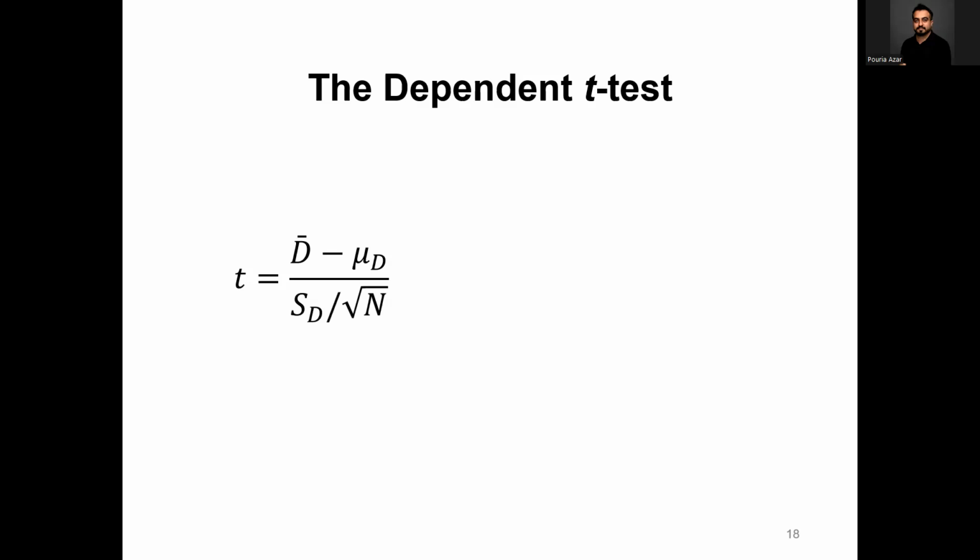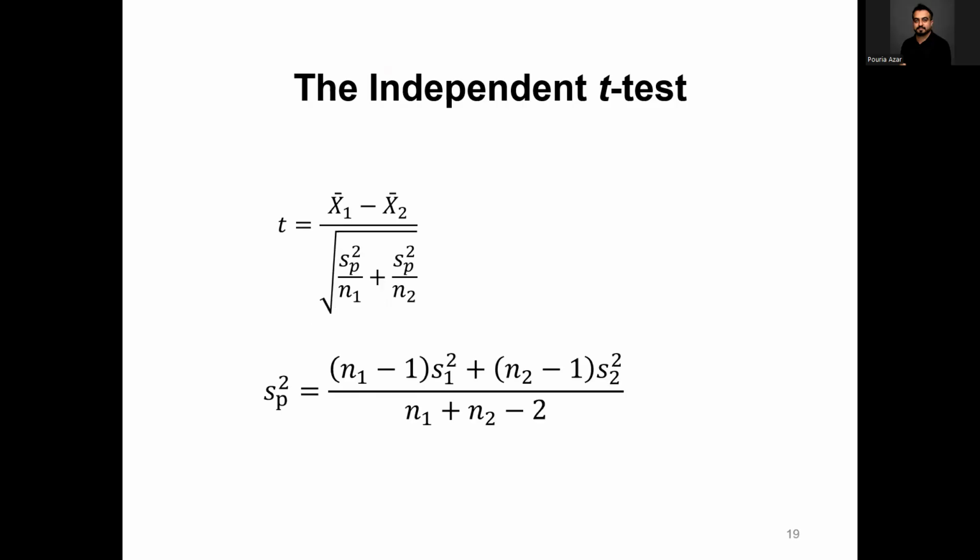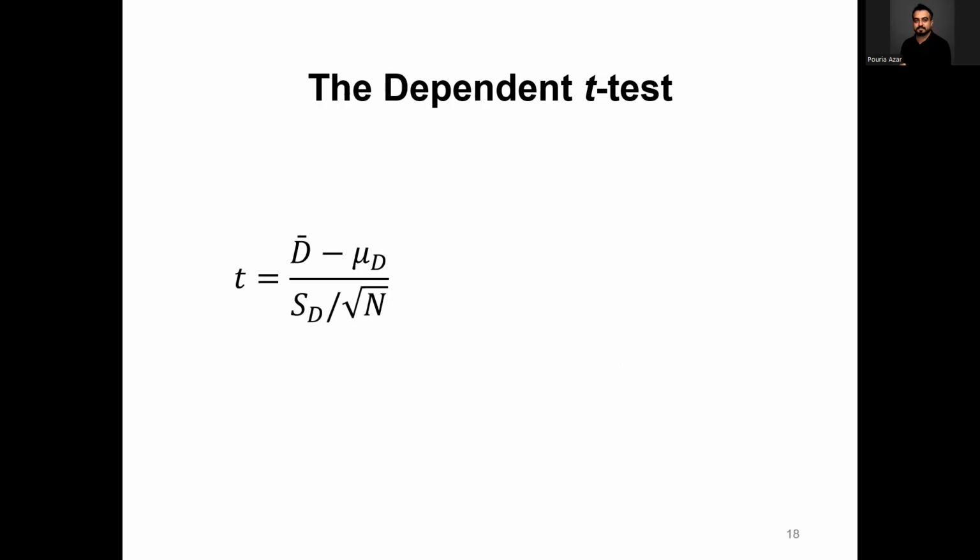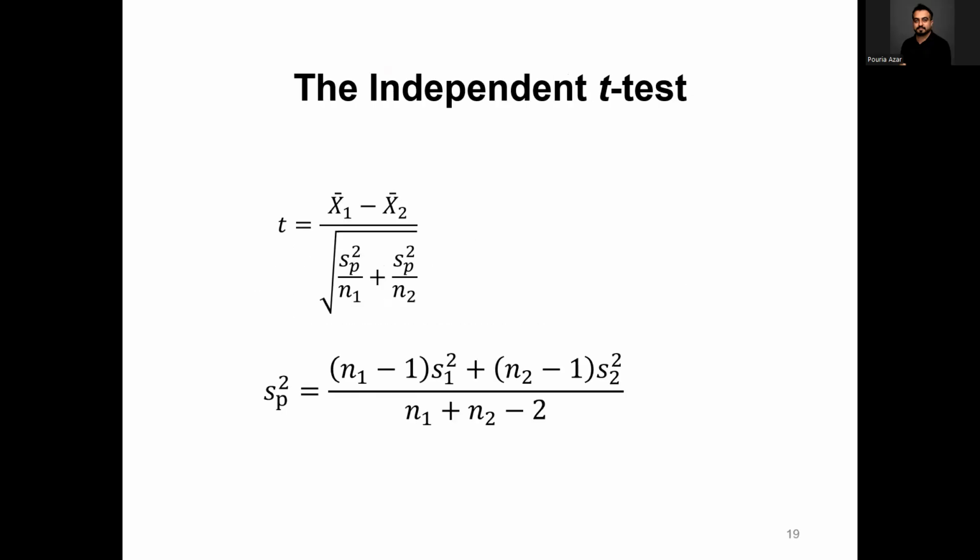The standard error formula is the standard deviation of the difference divided by the square root of the sample size. So this is the formula for the dependent t-test, or the paired t-test. And this is the formula for the independent t-test.